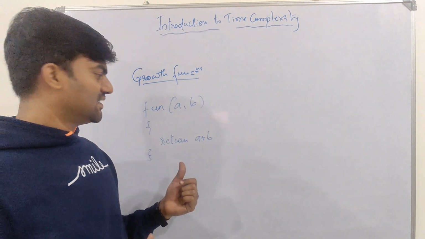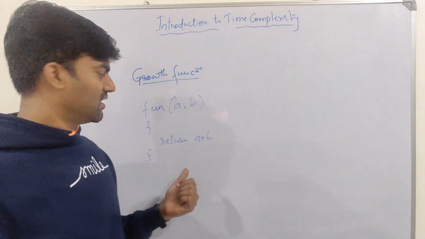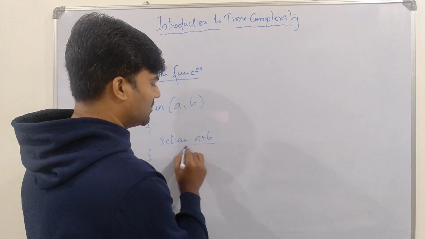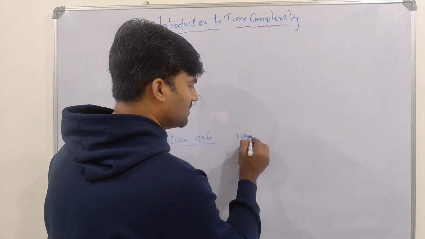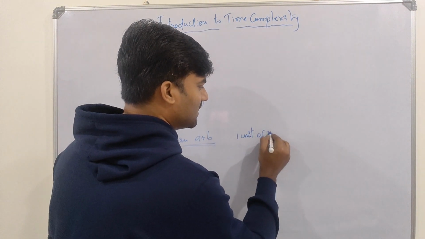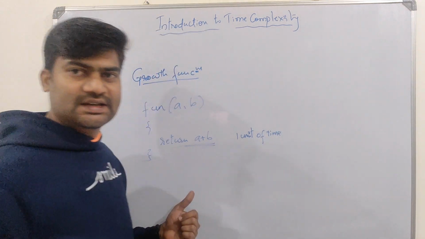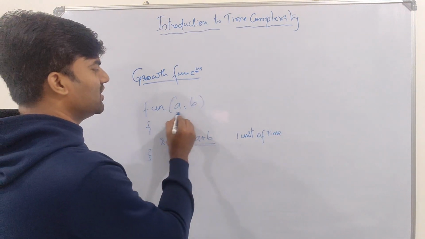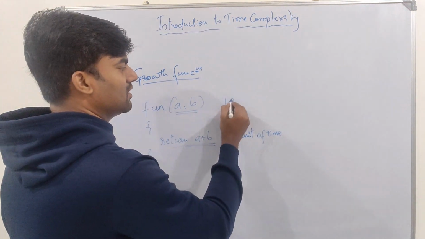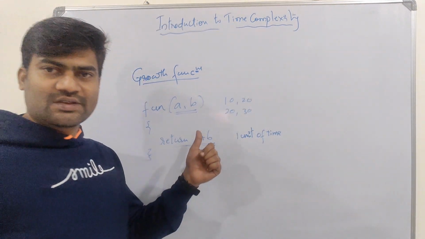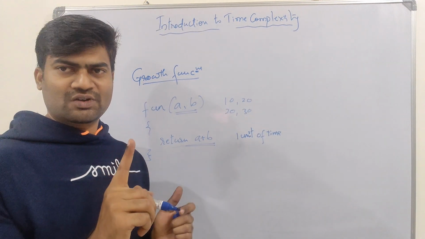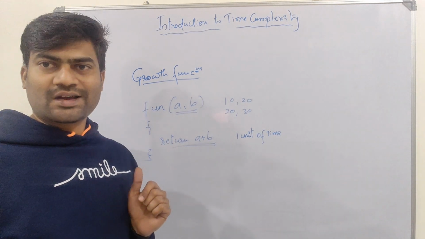And how do we consider the computation time here? Since this is one particular action that is happening, we will take it as 1 unit of time. Whatever the input, you give 10, 20 or 20, 30, it will take 1 unit of time and return us the output.